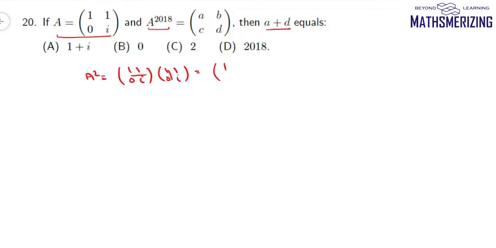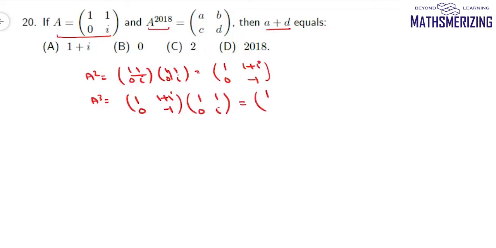1, 1 plus i, 0, and then minus 1. Now I'll find A cube. So A cube will be [1, 1 plus i; 0, minus 1] times [1, 1; 0, i].